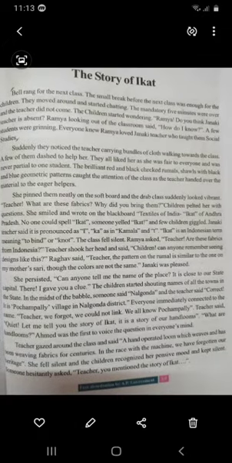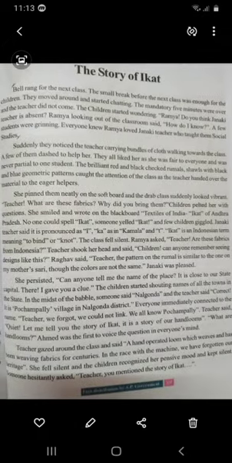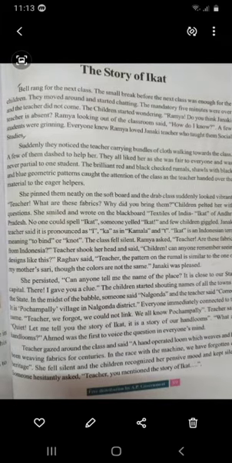The mandatory five minutes were over, and the teacher did not come. Now, the mandatory 5 minutes means the given 5 minutes, the break time, is over, but the teacher did not come.